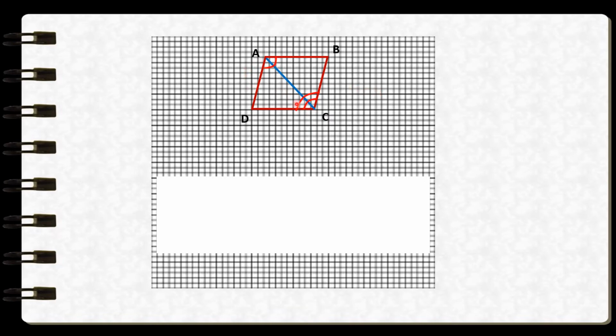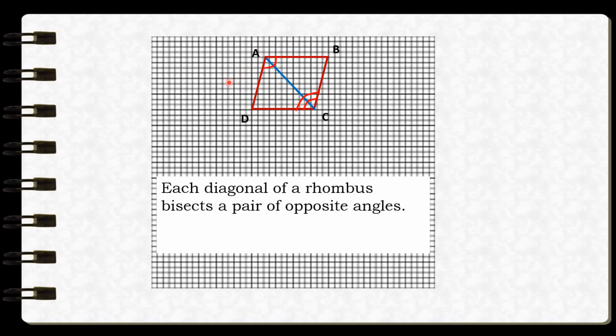These two vertex angles are divided into two congruent angles, as you can see here on the markings. So conclusion, each diagonal of a rhombus bisects a pair of opposite angles. So angle DAC is congruent to angle BAC, as well as angle DCA is congruent to angle BCA.